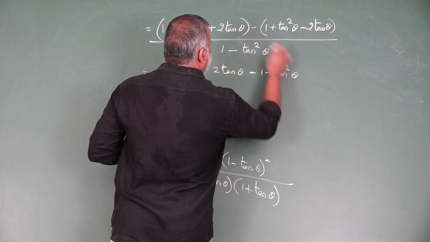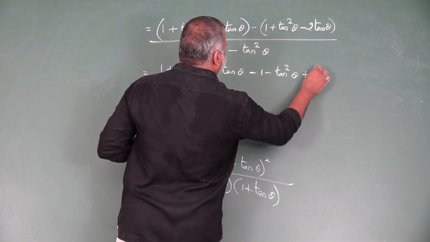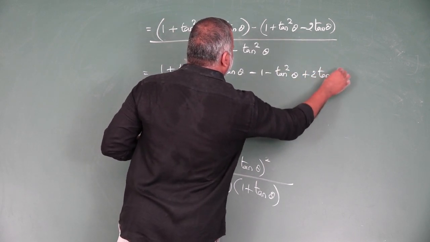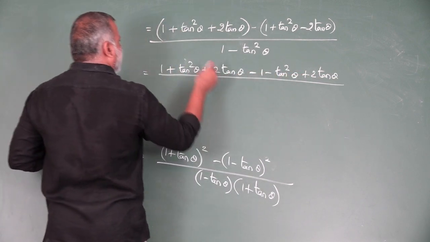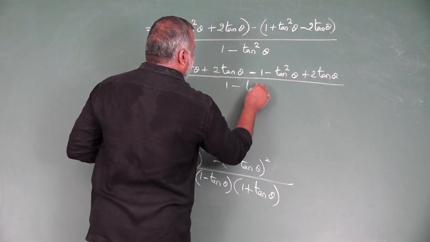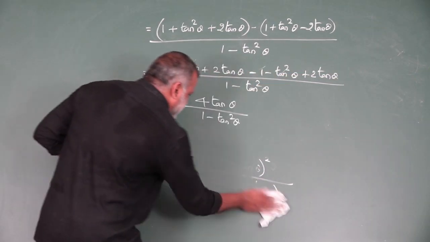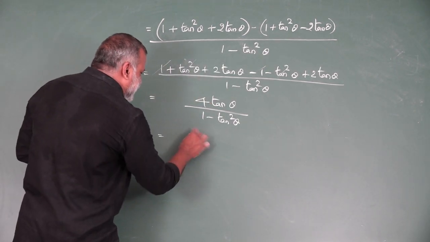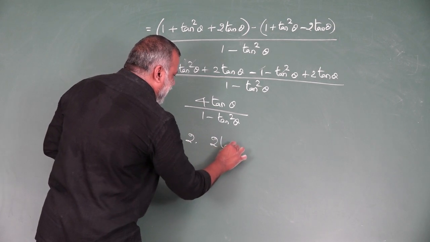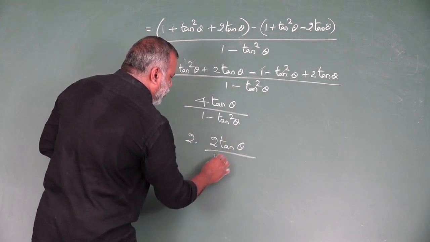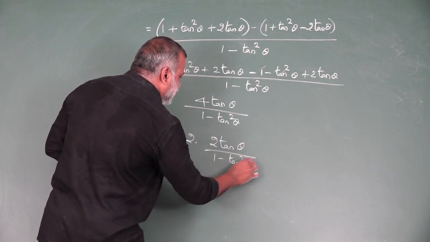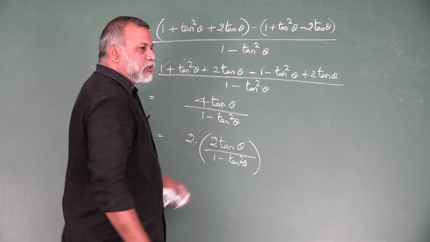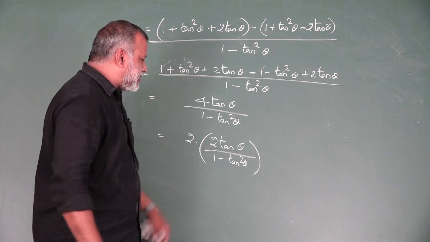The negative of negative becomes positive, so we get 2 tan theta plus 2 tan theta, which is 2 times 2 tan theta, divided by the denominator 1 minus tan square theta.